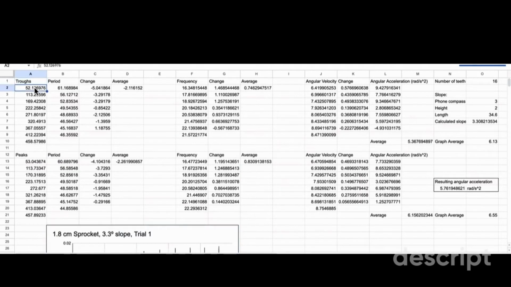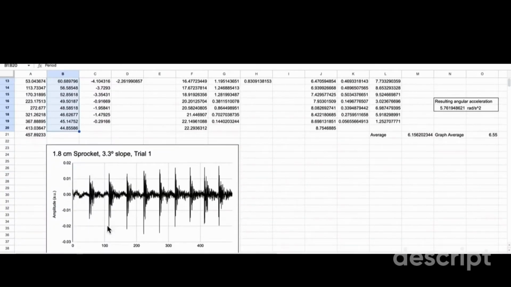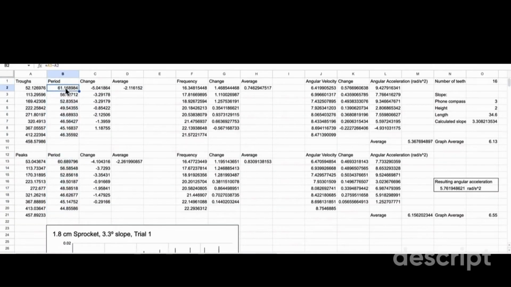So here are the times in milliseconds in column A marked here. So in column B, the period was found between each time for each peak and for each trough. So this number here, 61.17 seconds, represents the time difference between this cell and that cell. So this is the second peak and this is the first peak. And this is the same for each of all of these other cells.